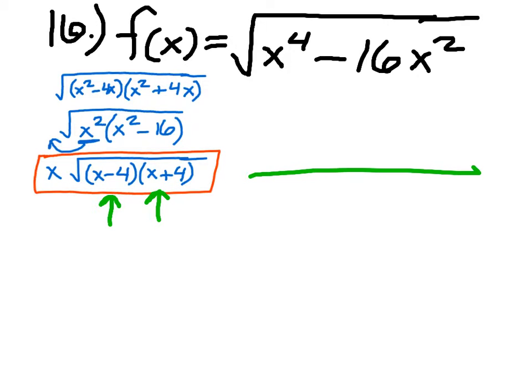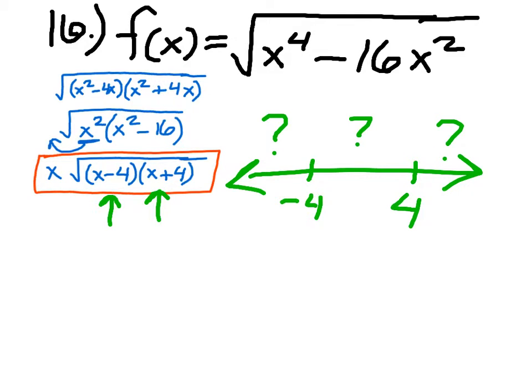So on a number line, I'm going to mark those and kind of do some analysis. Negative 4, positive 4. And the question is the domain happening below negative 4, in between the two, or above positive 4? Where is this function having outputs? Which parts of these x values is producing output?